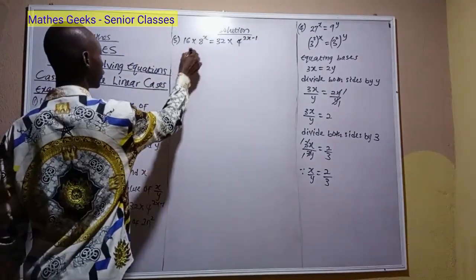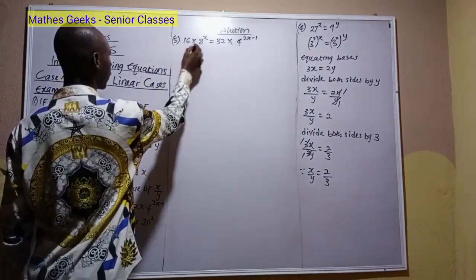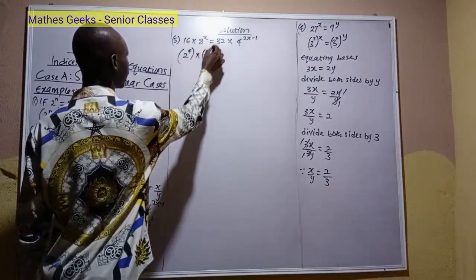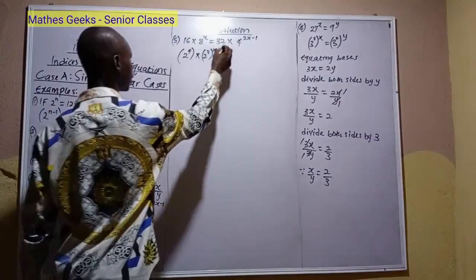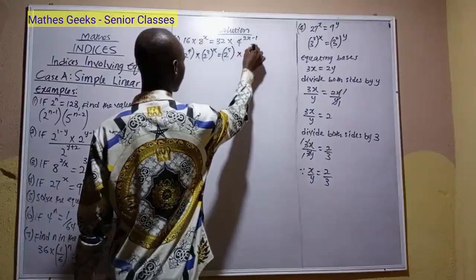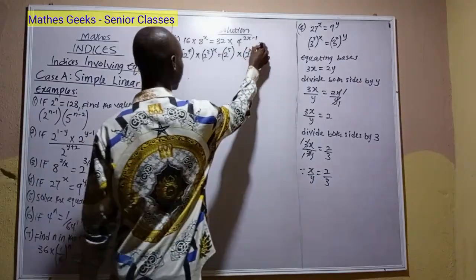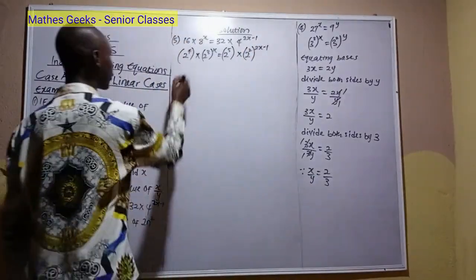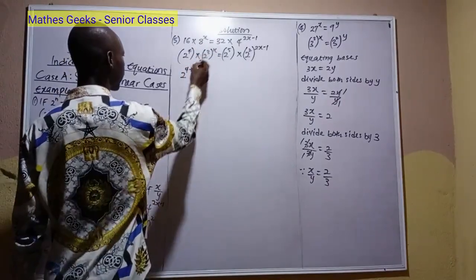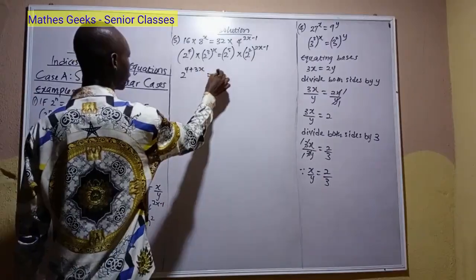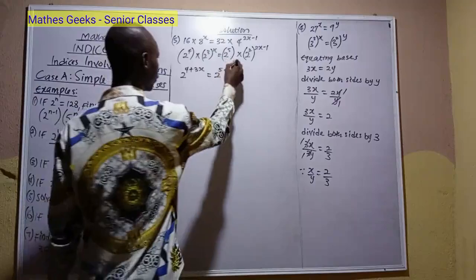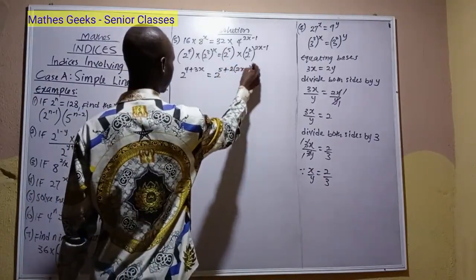So 16 is 2 raised to the power 4, and 8 is 2 raised to the power 3, so 8 raised to x is 2 raised to the power 3x. 32 is 2 raised to the power 5, times 4 which is 2 squared, raised to 2x minus 1.